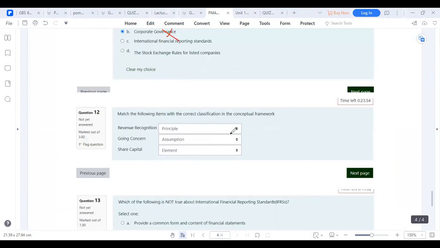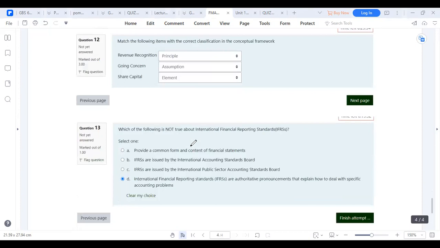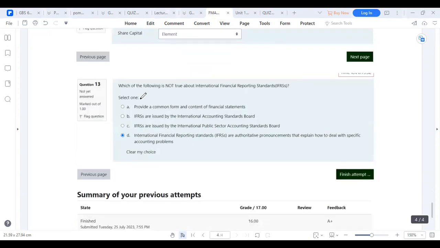So match the following classifications. Revenue recognition: is that a principle, assumption or element? It's a principle. Going concern, assumption. Share capital is an element. Then which of the following is not an international financial reporting standard? Provide a common form of content in financial reports issued by the International Accounting Standards Board.